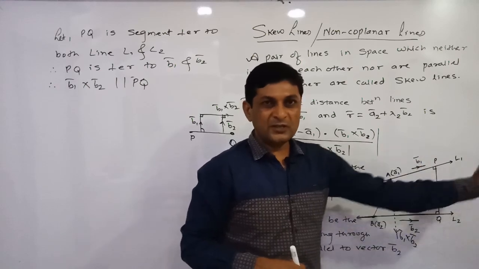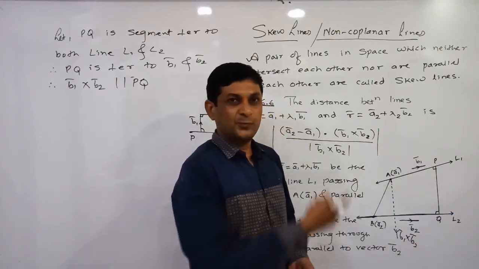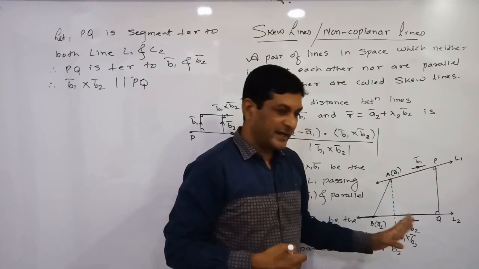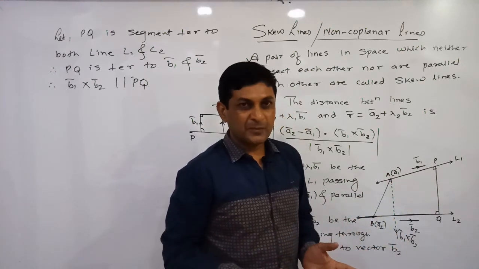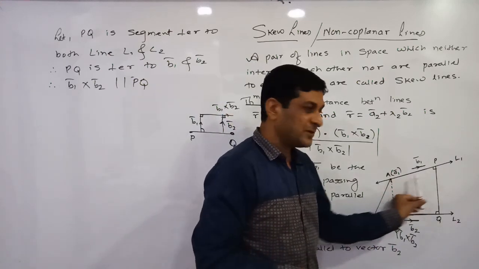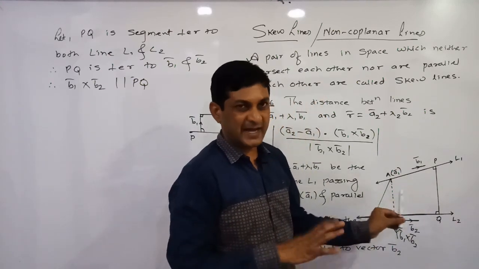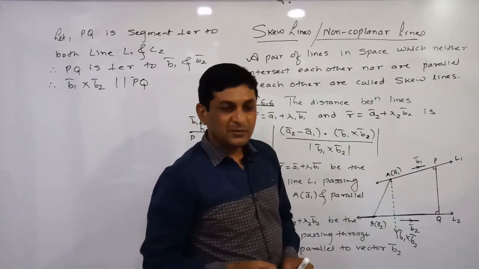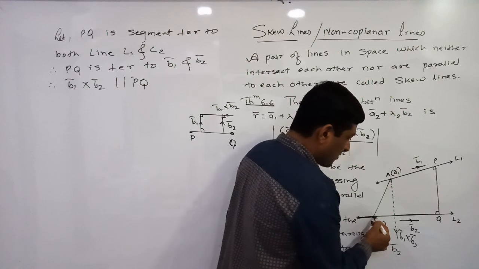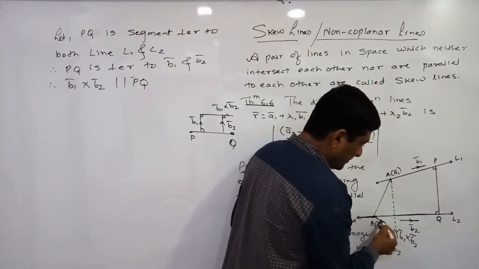We can draw this vector anywhere, but to prove our required result, I am constructing this vector through this point A, for simplicity, because we are studying free vectors. So this vector can be moved anywhere without changing its magnitude and direction.